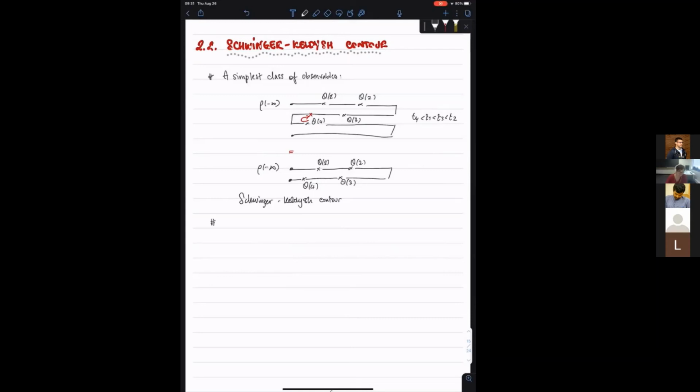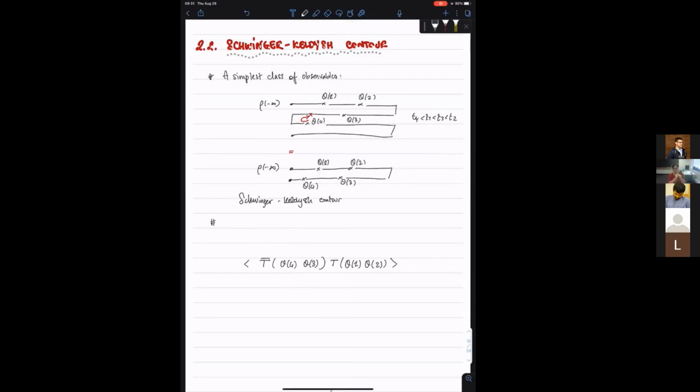They will be defined as path ordered over the contour itself. So the correlation functions will be of this form. There will be time ordered for the operators which are in the upper half of the contour, and anti-time ordered for the operators which are in the lower part of the contour.